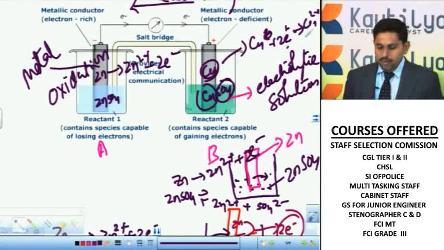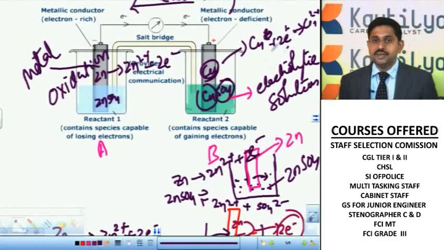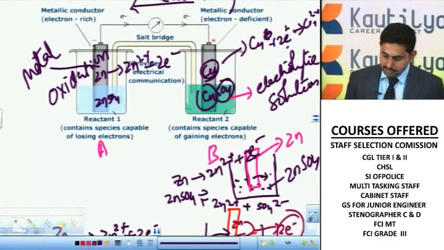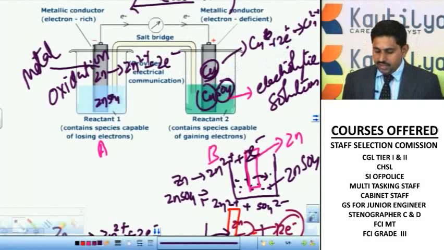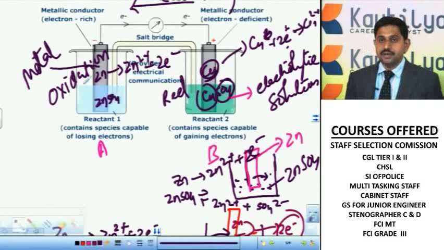After the donation, the electrons pass from zinc and are transferred to the copper metal, which accepts them. Accepting electrons means it is a reduction process. So here it is oxidation, and here the reduction process occurs. Gaining electrons is called reduction, and losing electrons is called oxidation.